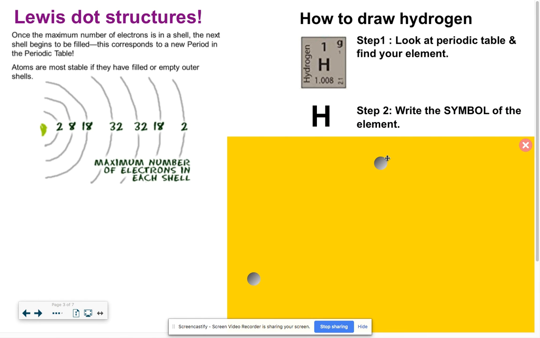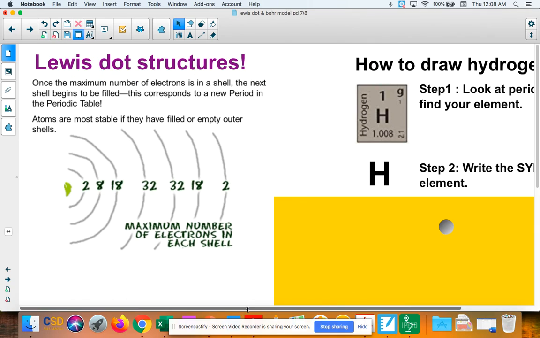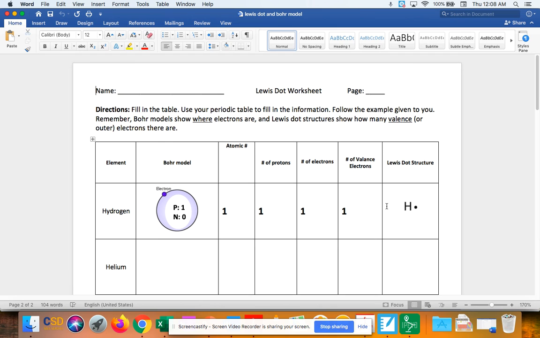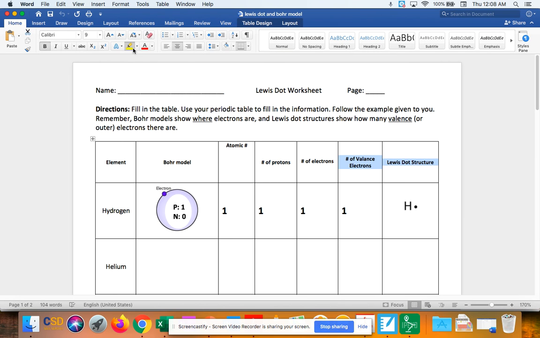So what I'm referring to now, I'm just going to zoom out for a second and go to this, right? What I'm looking at now is your Lewis dot worksheet, okay? And we're just going to focus on these 2 columns right now. Don't worry about the other ones.